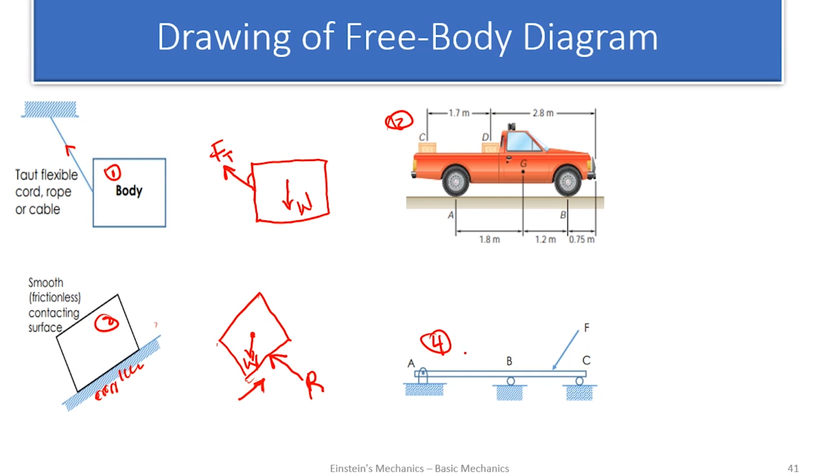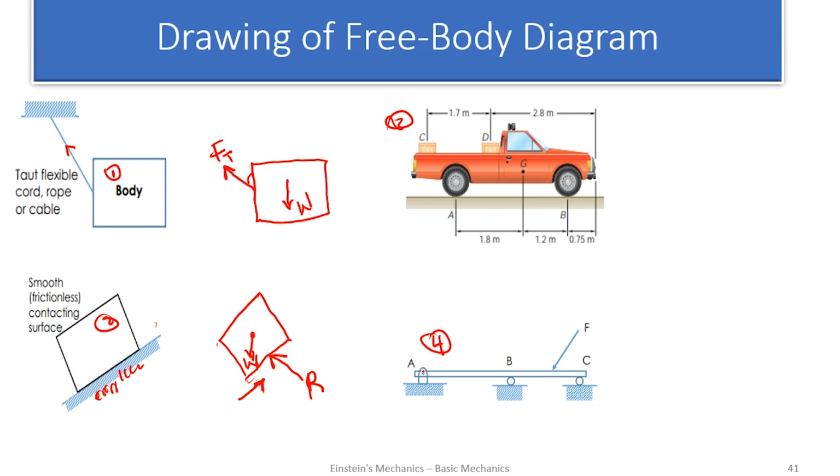So the fourth body, how do we represent the free body diagram of this? I can choose a joint. And we should also know how to represent forces at joints. How do we represent forces at each joint? This is a pin joint.